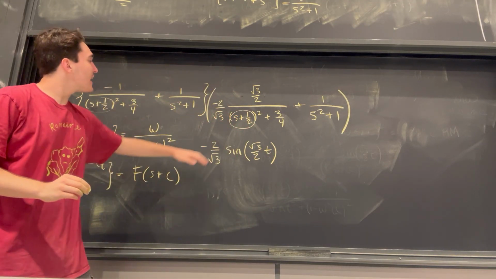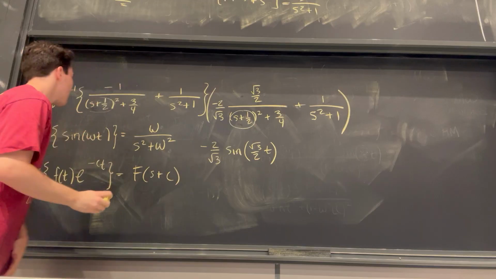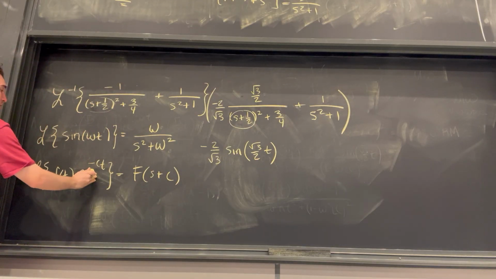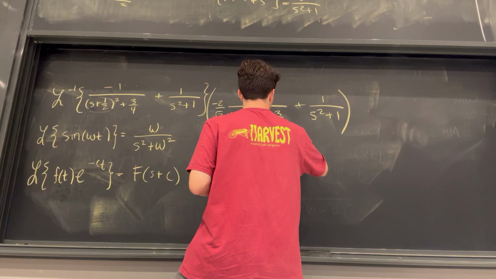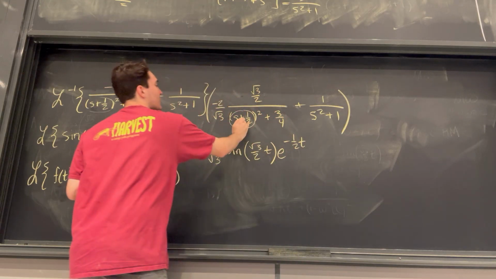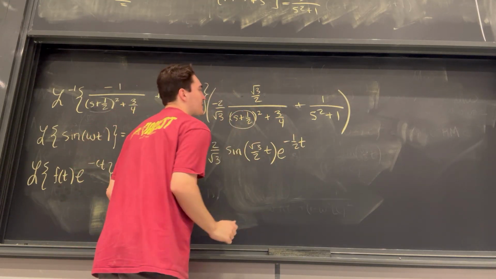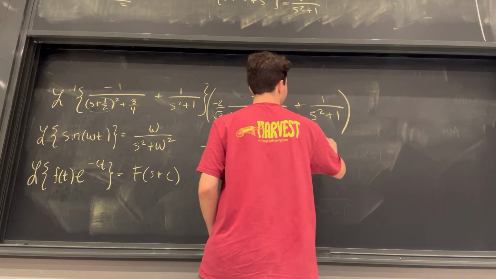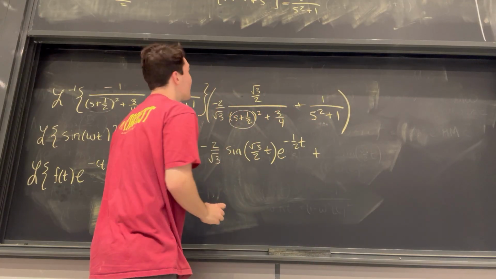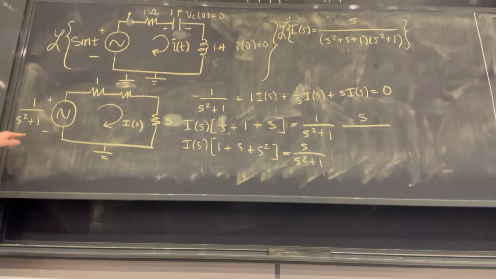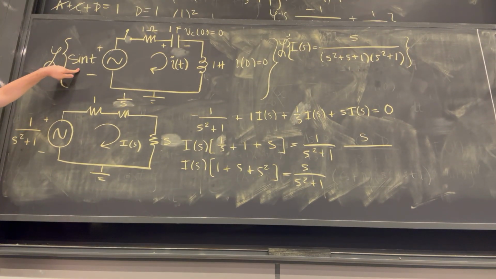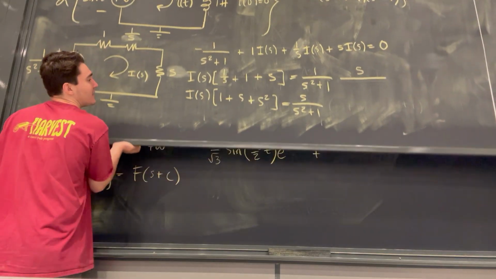But then I have to take into account this shift here, which is going to tell me that I also have to multiply my final answer by e to the -1/2 t. I have to take into account the shift of 1/2 with an exponential. And then this term over here, that's super easy. Recall, originally, 1 over s squared plus 1, that's just the Laplace transform of sine. So let's just go back, invert it, and go back to sine of t.